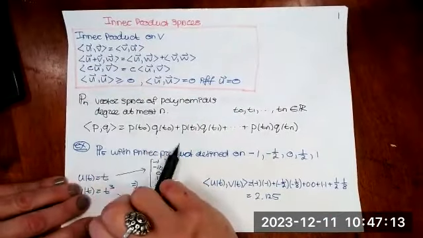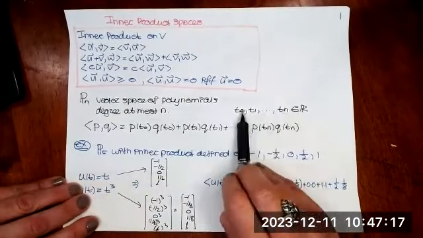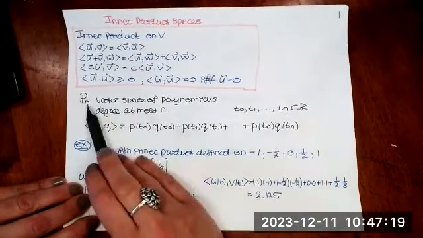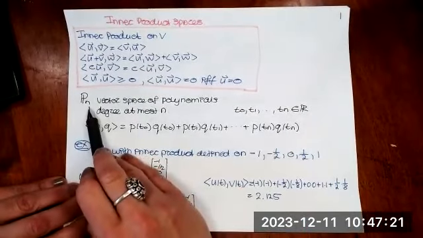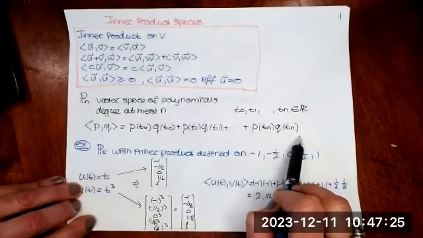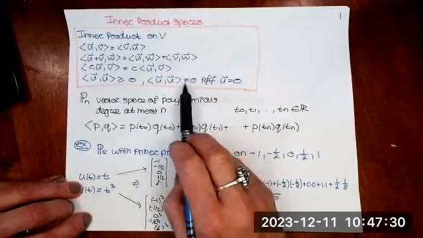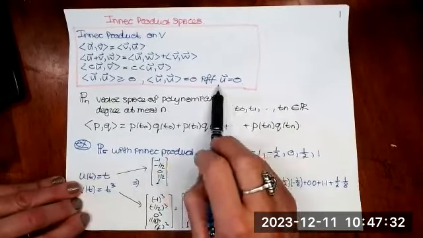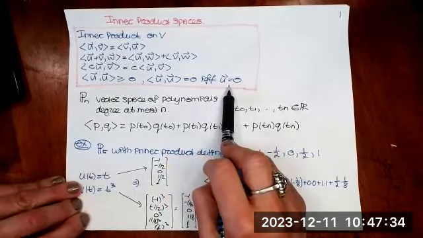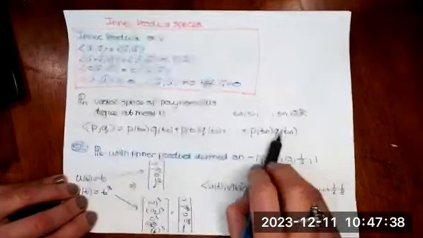The important part here is that it can't be any number of points. If you're dealing with Pn, polynomials of degree at most n, you have to have n plus 1 points, because you really need the condition that u dot u equals 0 if and only if u equals 0.